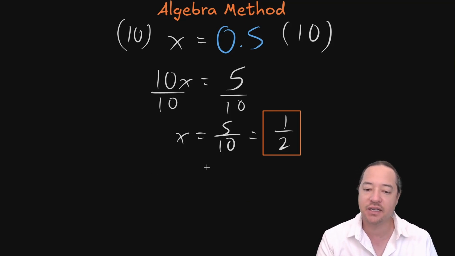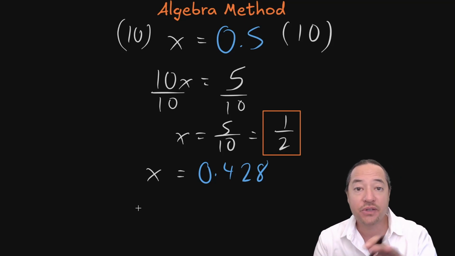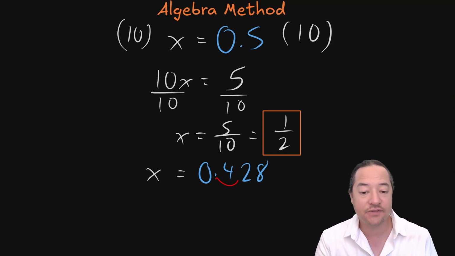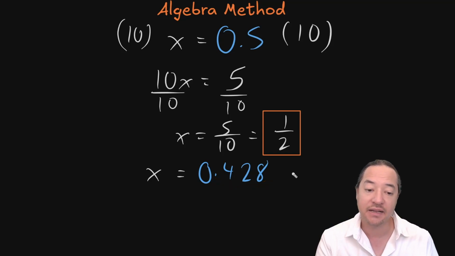Let's try a slightly more difficult number here. Let's say I've got the number 0.428, okay? Now, once again, I'm going to try and set this equal to x, and now I want to convert this into an integer. To do that, recognize I have to move this decimal point over 3 spaces, so that means I need to multiply by 1,000, right?